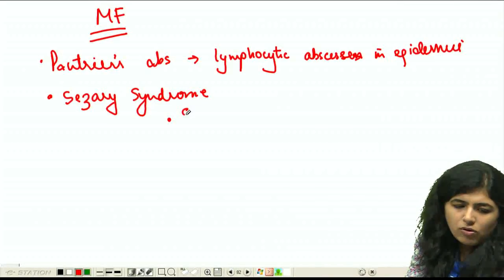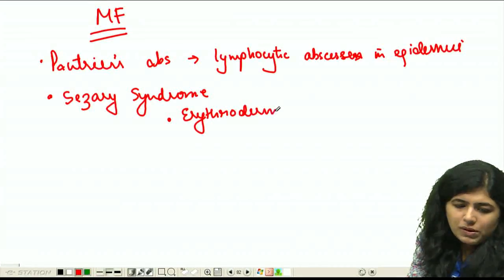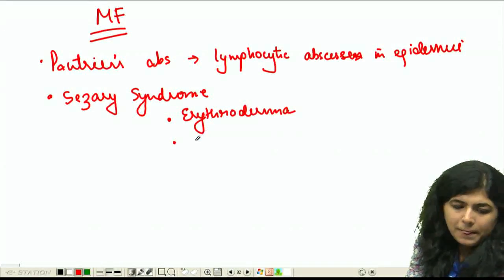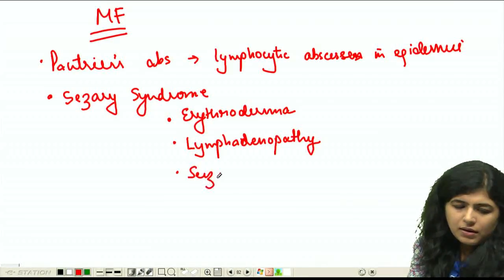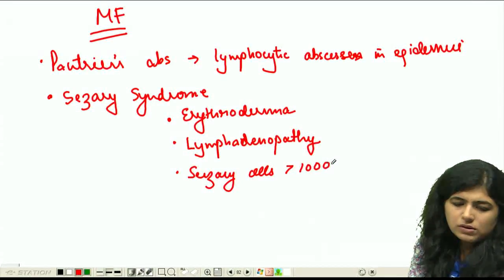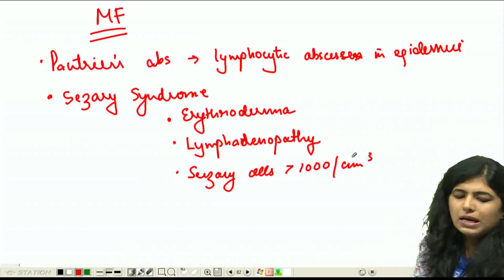This is a triad of erythroderma, lymphadenopathy, and Sézary cells more than 1000 per cubic mm.